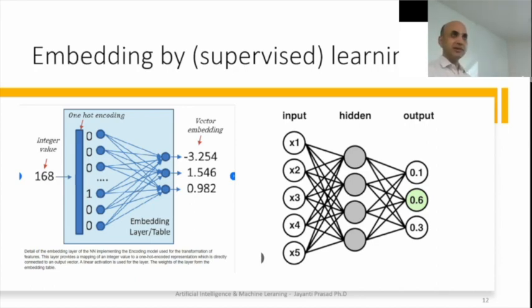Then you go to another level, which is called one hot encoding. One hot encoding means if there are 40,000 words, then every word can be represented by a vector of length 40,000, and only one of the entries will be non-zero, the rest will be zero. So that's called one hot encoding, and you can do it yourself in 2 lines of Python code, or you can use any pre-built libraries.